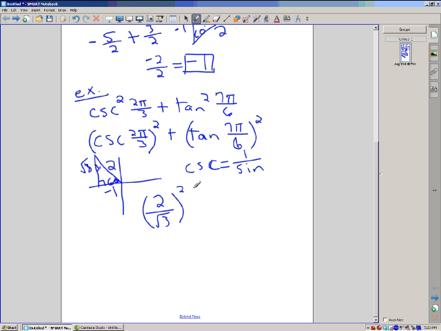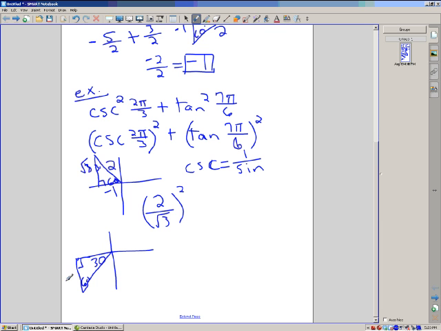Okay, let's find the tangent of 7 pi over 6. So I guess I'll come down here. And 7 pi over 6 is an angle over here in the third quadrant. And this reference angle is a pi over 6, or a 30-degree reference angle. So that makes that 60, and this is 90. I've spent a lot of time in quadrant 3 today.